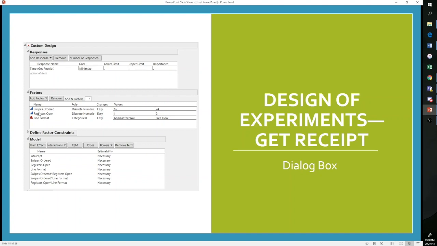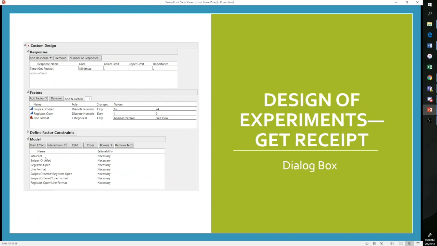The 2 continuous factors are swipes ordered and registers open, and there are 2 values for each: 16 and 24 for swipes ordered, and 1 or 2 for registers open.